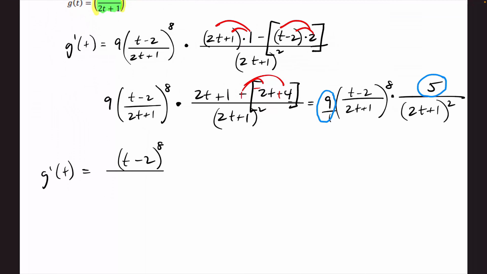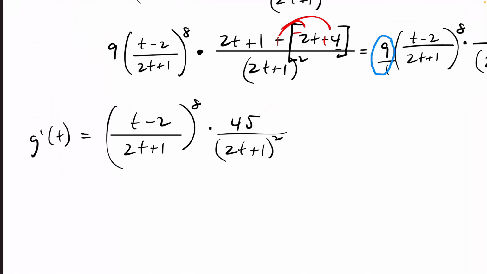Oops, no. (t minus 2) to the 8th power over (2t plus 1) to the 8th power, times 45 over (2t plus 1) squared. You could move it to where the 9 was, or you could put it where the 5 was. Either one's okay, because it's all multiplication. We're just multiplying the two fractions.